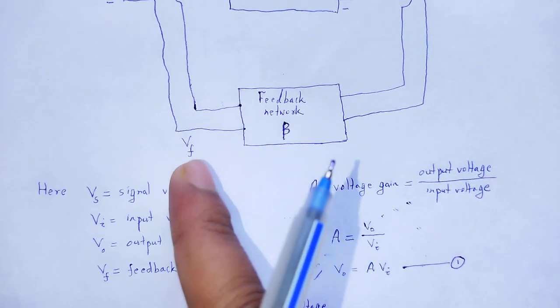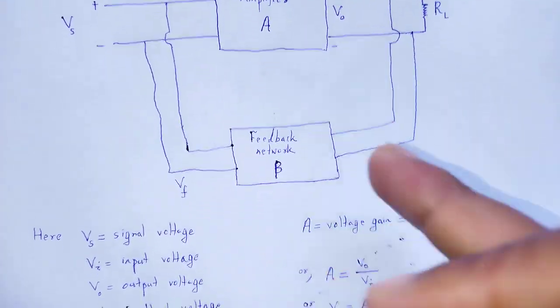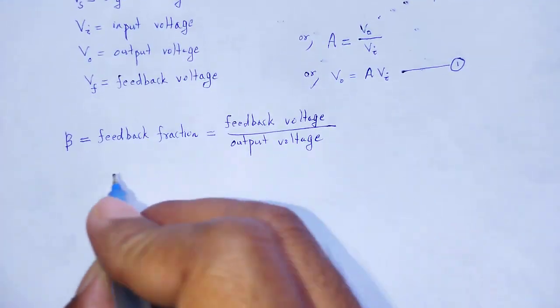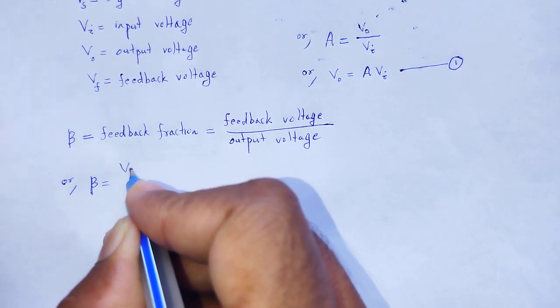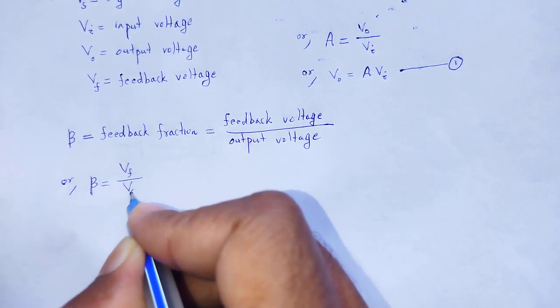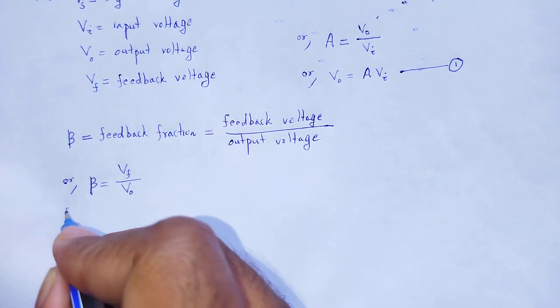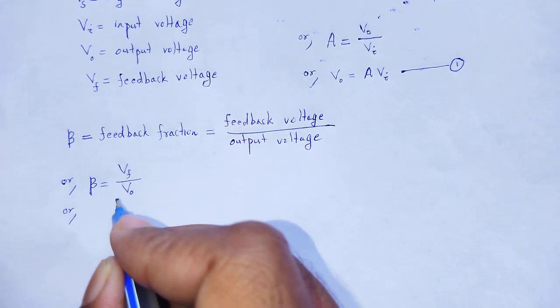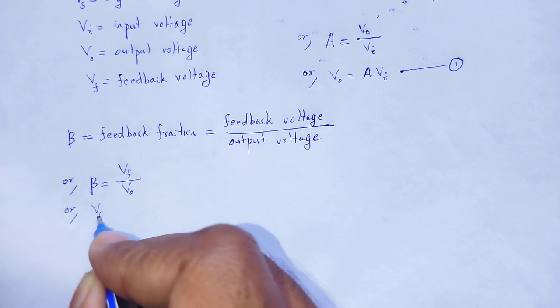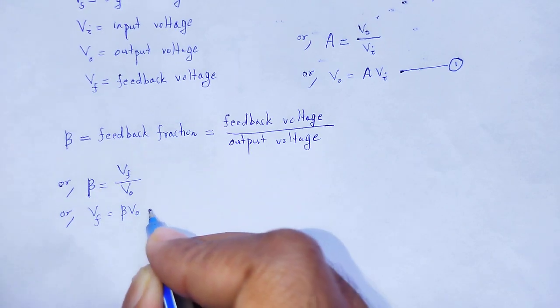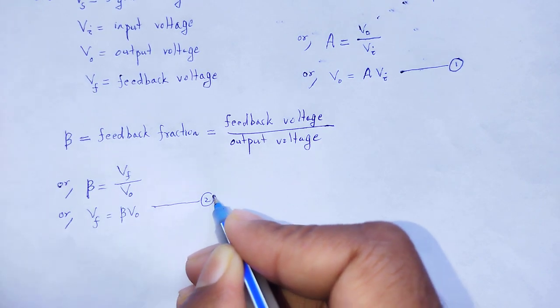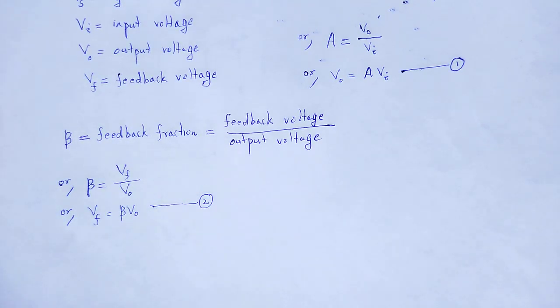Here the output is Vf and the input is Vo, or beta is equal to the feedback voltage to the output voltage Vo. Therefore, the feedback voltage is equal to beta times the output voltage, equation number 2.